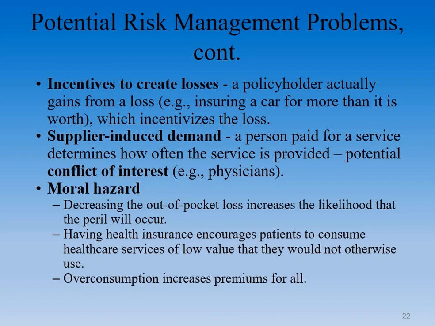And finally, again, we discussed this earlier, moral hazard. Decreasing the out-of-pocket losses increases the likelihood that the peril will occur. Having health insurance encourages patients to consume healthcare services of low value that they would not otherwise use. Overconsumption increases premiums for all.